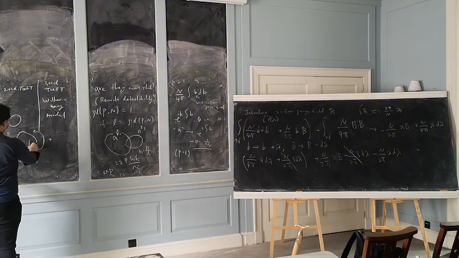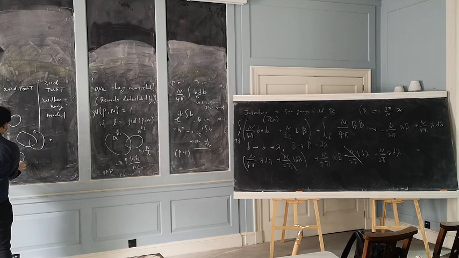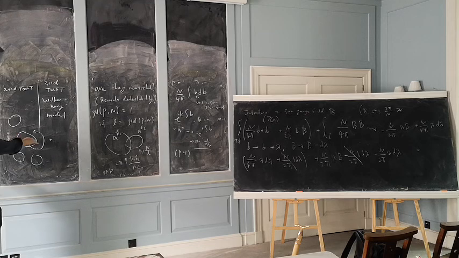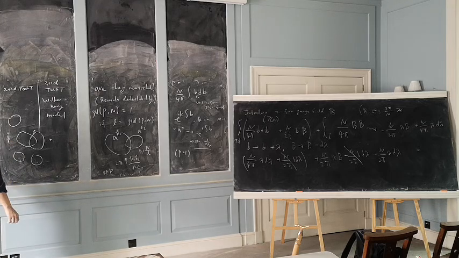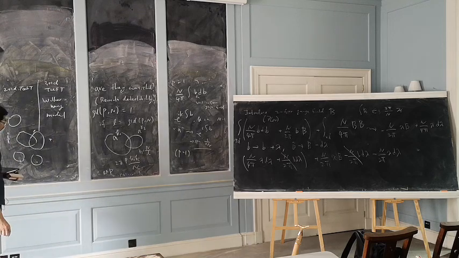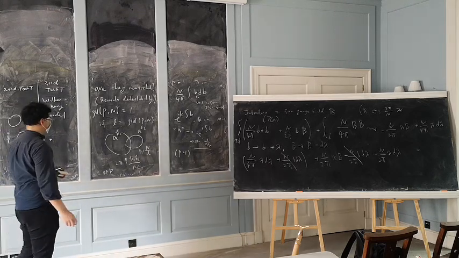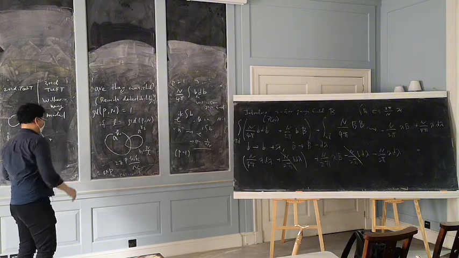If you have two distinct loops here versus the loops braided with each other, they're going to differ by a phase or by a number. That tells you how the corresponding particles in the TQFT braid with each other. Okay. So that's basically what the ground state wave function looks like in this 3D TQFT.